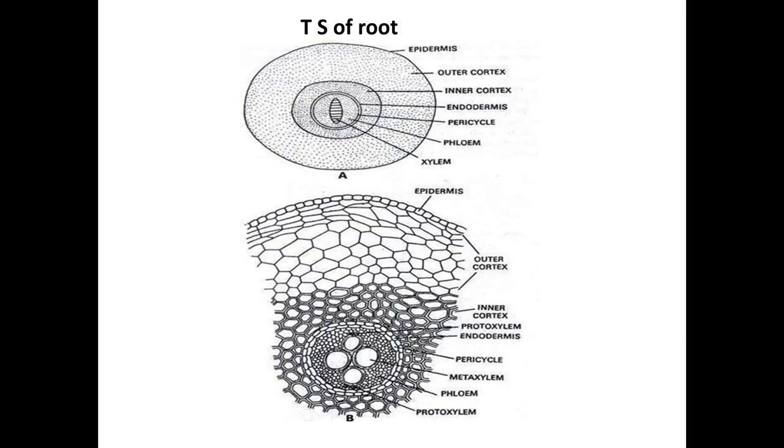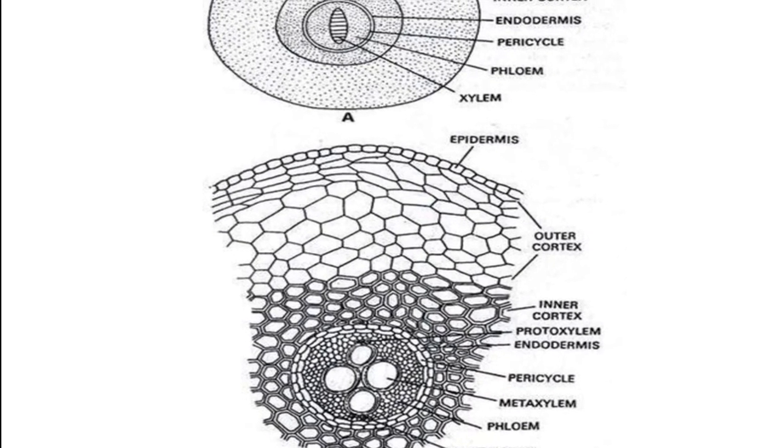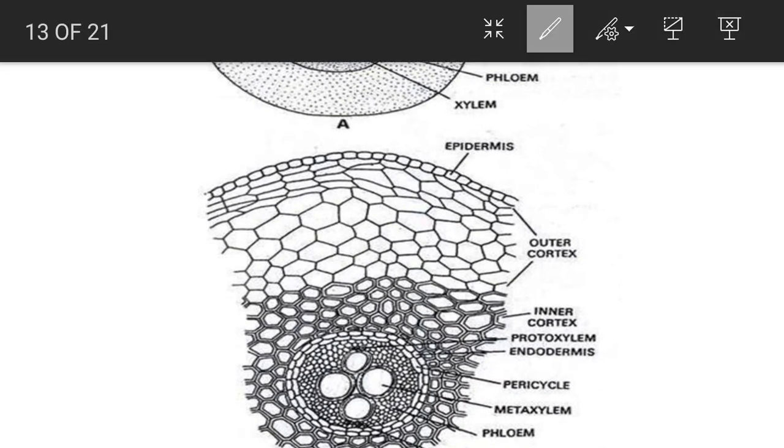Here in this slide the outermost region is the epidermis. Epidermis is single layered, with barrel shaped parenchyma cells which are compactly arranged. Unicellular root hairs arise from the epidermal cells, but in this picture you are not going to find those, though you can say that unicellular root hairs are present in the epidermis. Next to the epidermis, this portion we call the cortex.